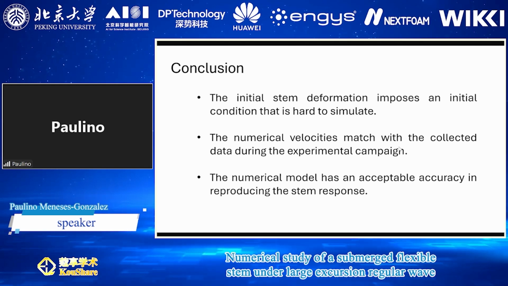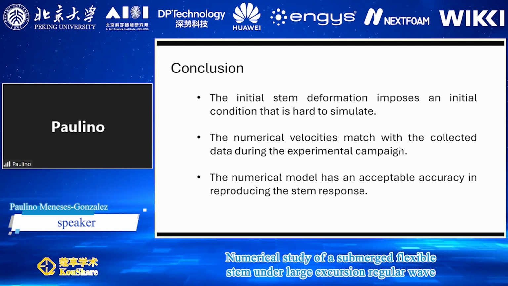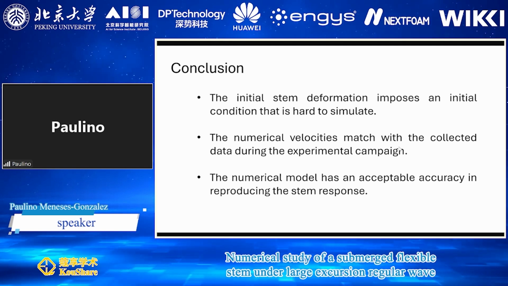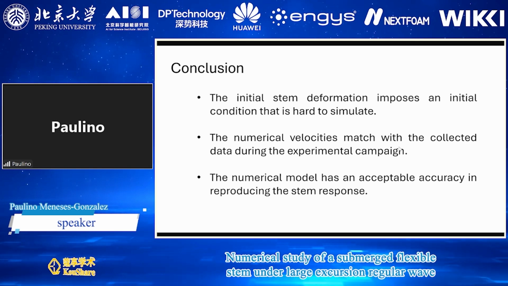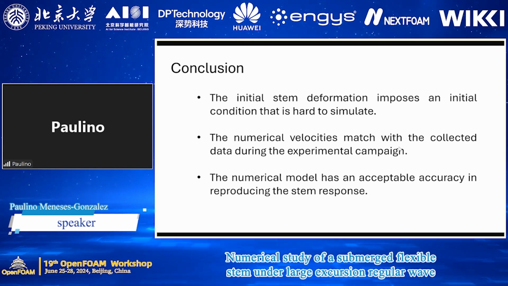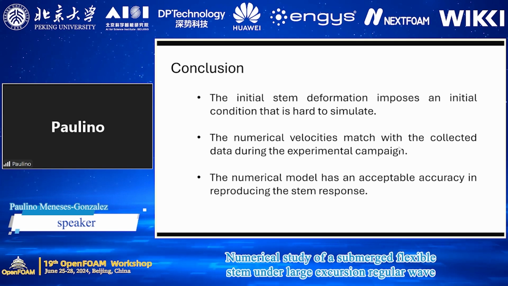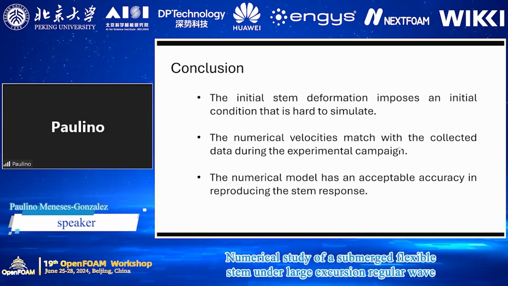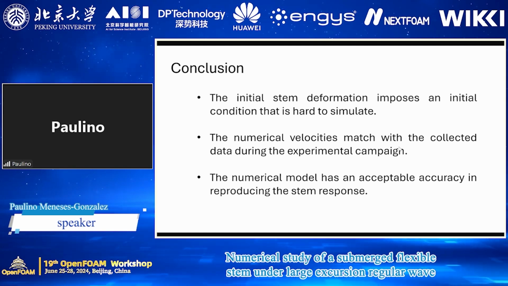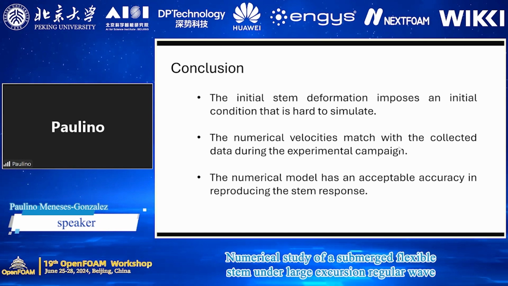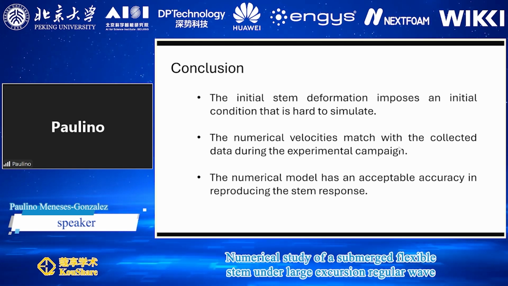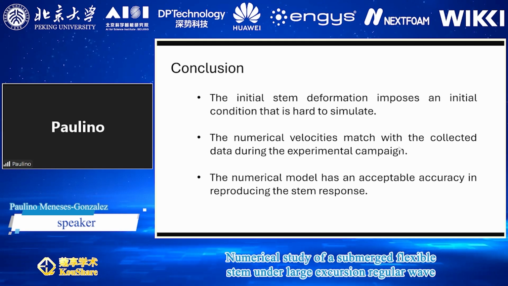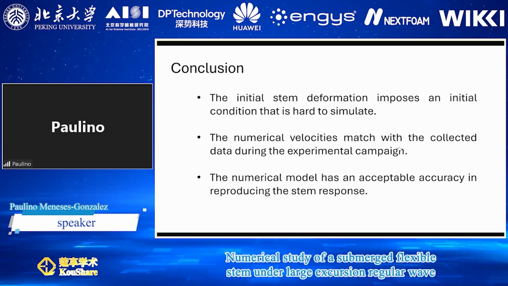Maybe the peak values, positive and negative, are not reached, but they are in the same order. And the numerical model has an acceptable accuracy in reproducing the steam response. And if we think about the thickness, it's a very good approximation in comparison with another job that works with steam of about 1 centimeter or 1.5 centimeters.